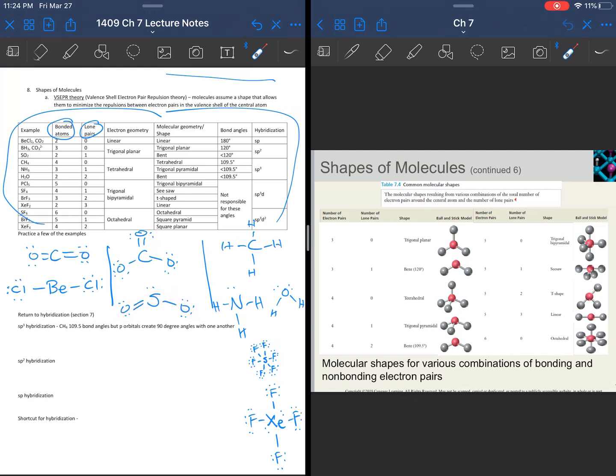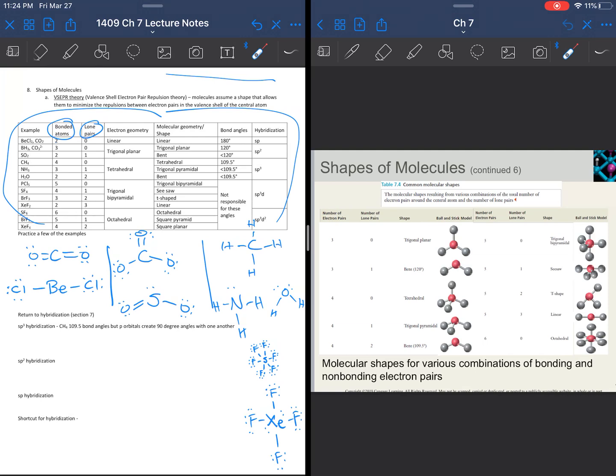So if we're thinking about what shape do the atoms make, the sulfur and the 2 oxygens are just a bent shape with that 120 degree bond angle. It's a little bit smaller than 120, but it's about 120. Lone pairs wind up being a little stronger than bonds. So what you have to know is that if there's 2 bonds and 1 lone pair, it's going to be trigonal planar if you look at all the electrons, but it's going to be bent if you're asked about the shape.